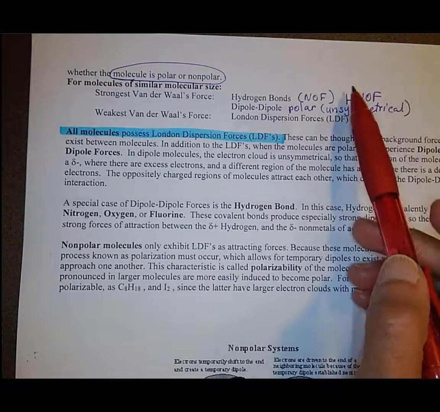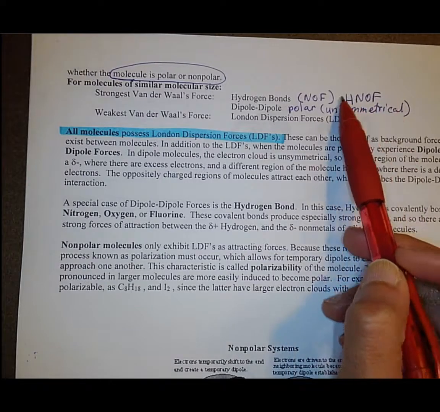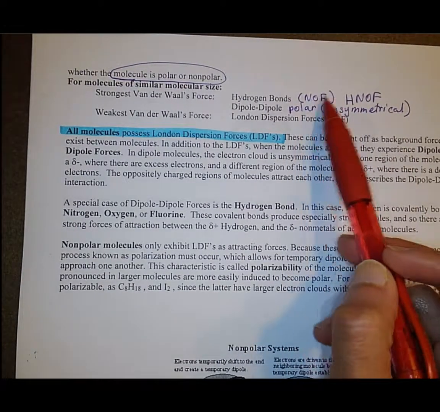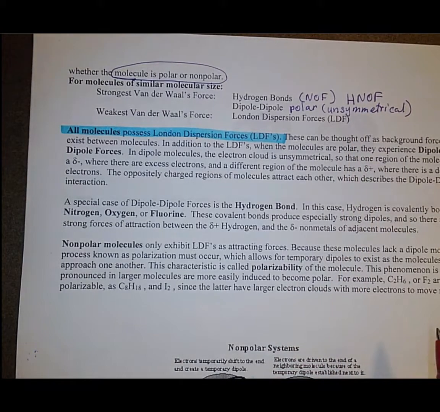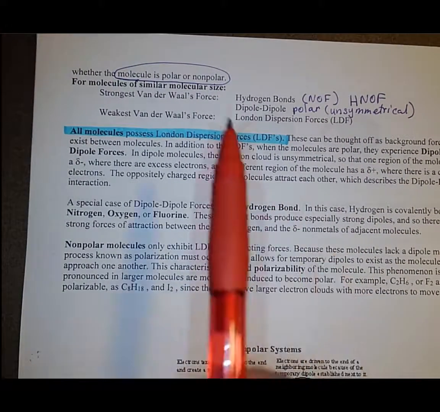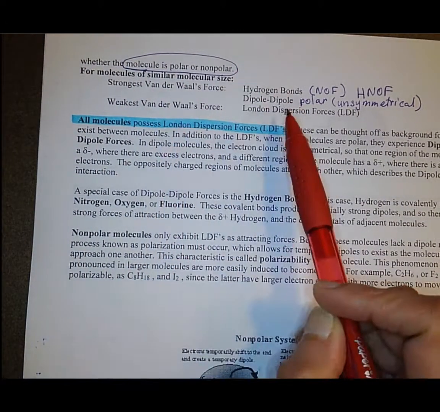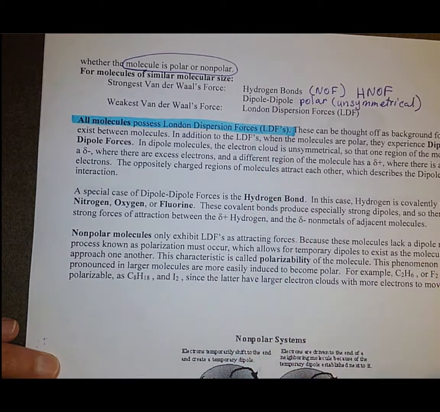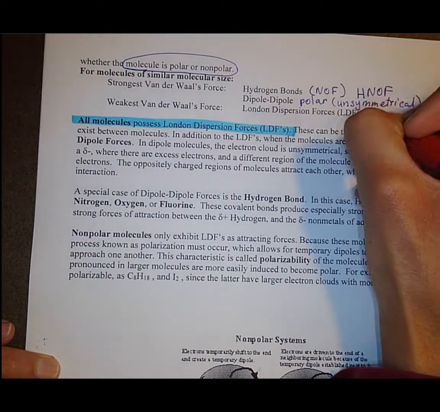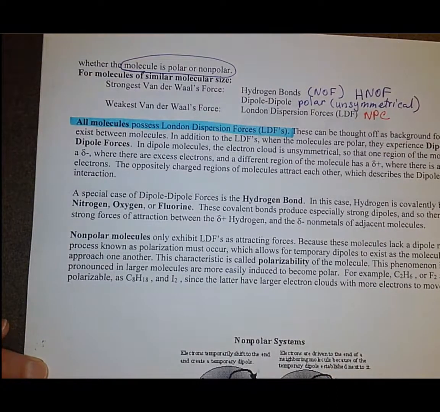It is still unequal sharing of electrons, so it is still unsymmetrical molecules that you have. Where we talk about weak van der Waals forces, the force that exists is the London dispersion force. What we're actually saying is that these are non-polar covalent forces.